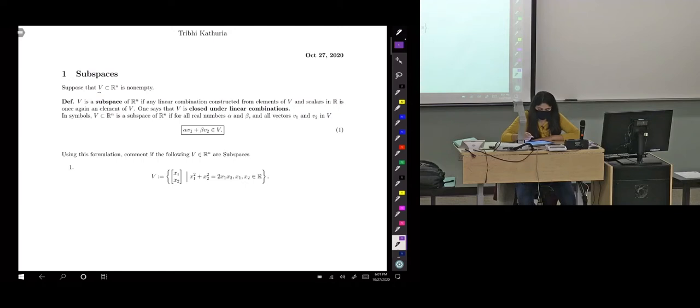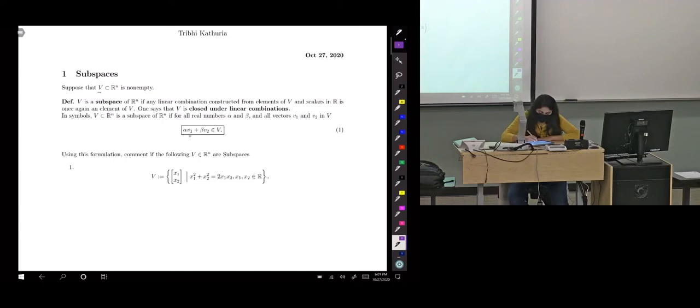Well, V is a subspace if it is closed under linear combination, which means that if there are any elements V1 and V2 in V, and I take a linear combination of them, which means a scalar multiplied by a vector and the vector sum, combining the two conditions, alpha V1 plus beta V2.